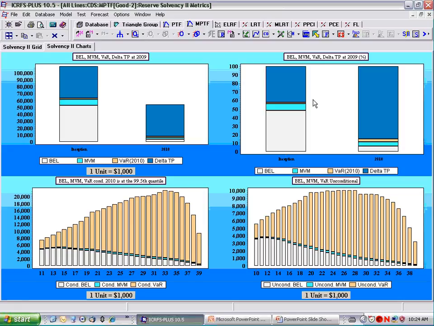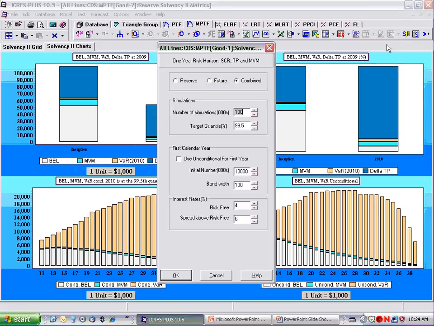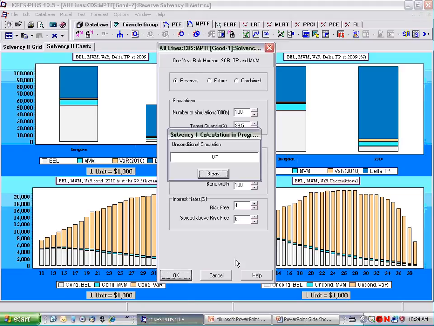Now let's do the same simulation, but we'll do it for the aggregate of all the lines of business. So that's the first one. We'll do it for the reserve part. And of course that's going to be slower because this does about 246 million unconditional simulations first, and then it repeats that kind of simulation, a bit fewer, maybe only about 230 million simulations for the conditional distributions.